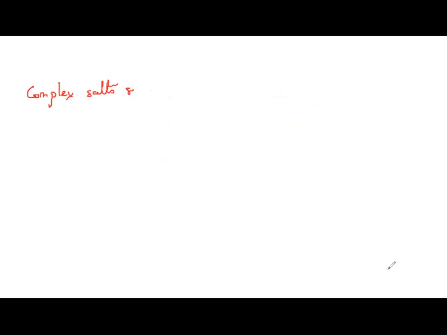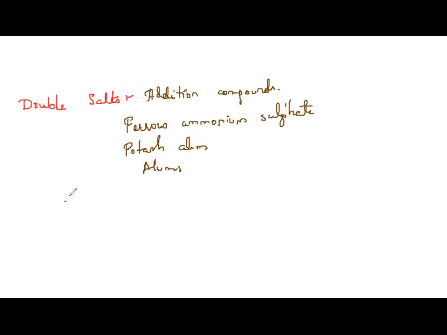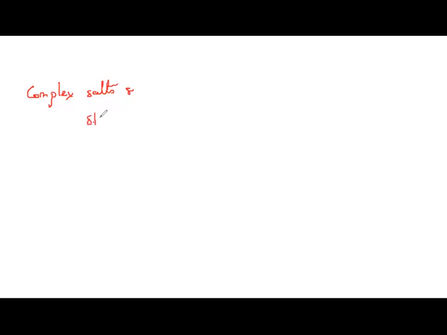Double salts are stable only in the solid state, whereas complex salts are stable both in the solid as well as the liquid state.